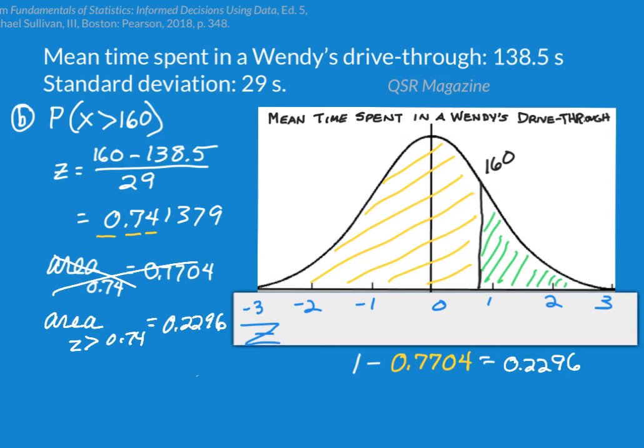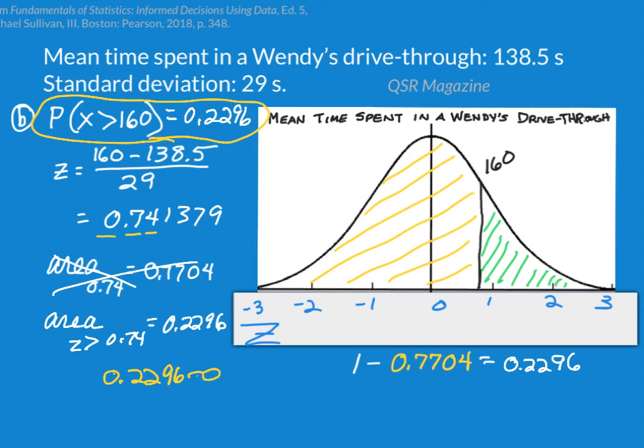Okay, so what does that mean? Well, we got what we were looking for. We were looking for the probability that someone waits greater than 160 seconds in the drive-thru at Wendy's. Another way to say what we just found is, as a proportion, let's convert the decimal to a percentage, and you get 22.96%.